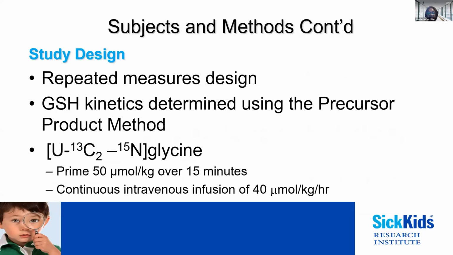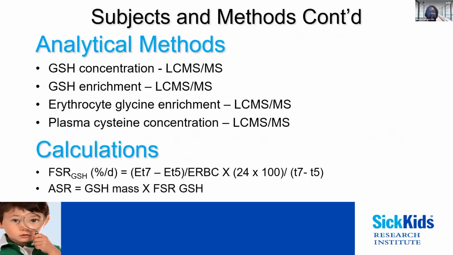And so this method was a repeated measures design where we used 6 different intakes of protein and measured the glutathione synthesis rates over time. And as you can see, we used a prime continuous infusion of N+3 glycine.